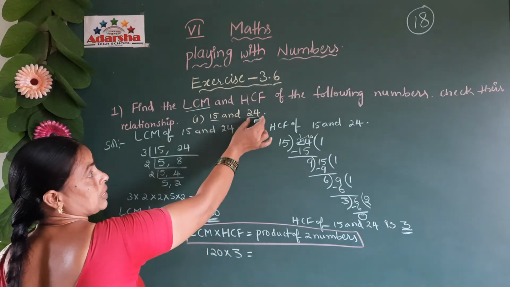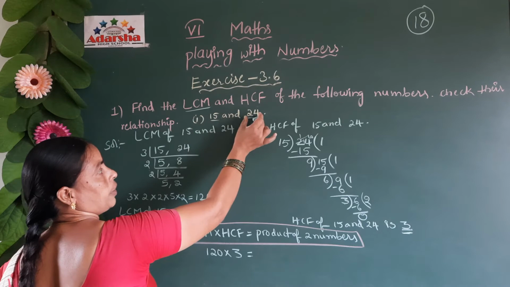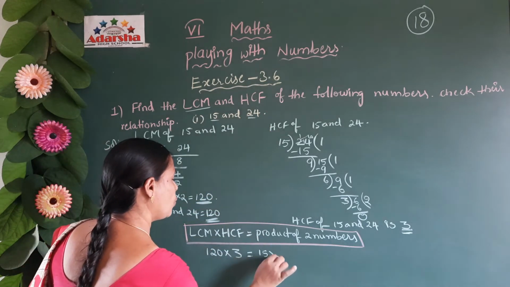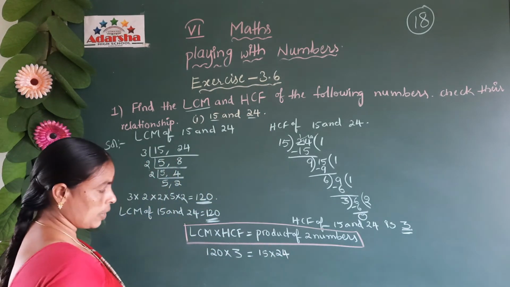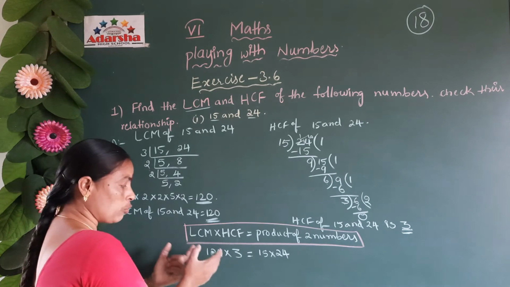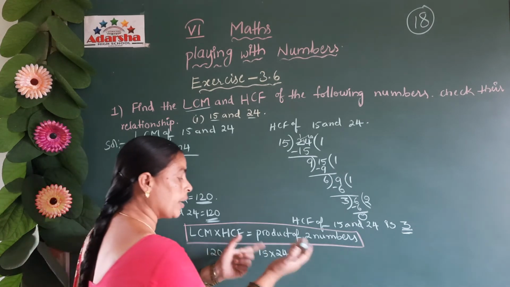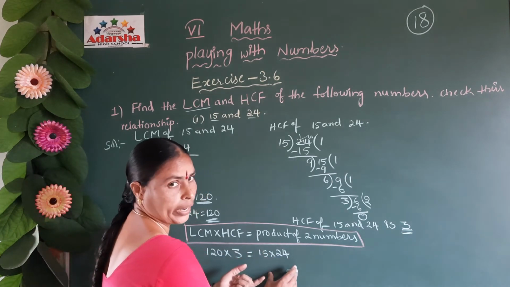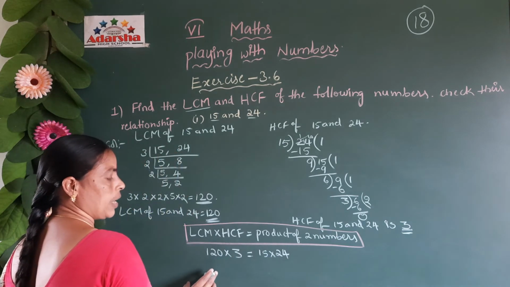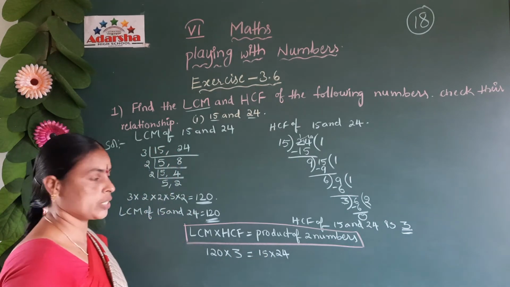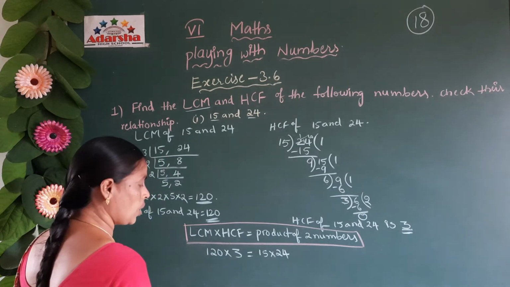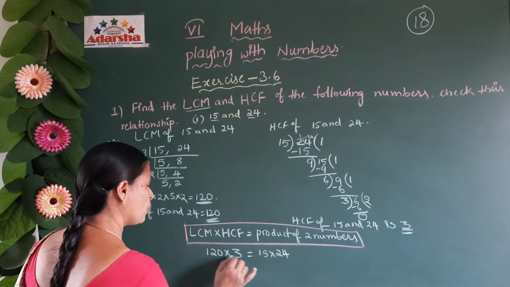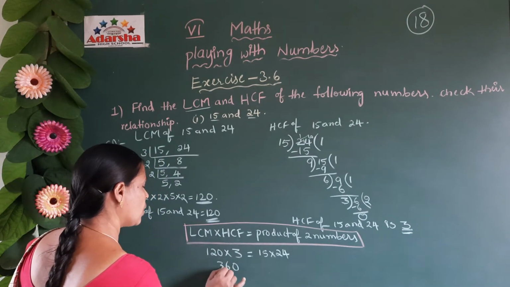What are the two numbers given in the question? 15 and 24, so 15 into 24. At the LHS you find the product, and at the RHS also; you must get LHS equal to RHS. Here 120 into 3: 3 zeros are 0, 3 2s are 6, 3 1s are 3.